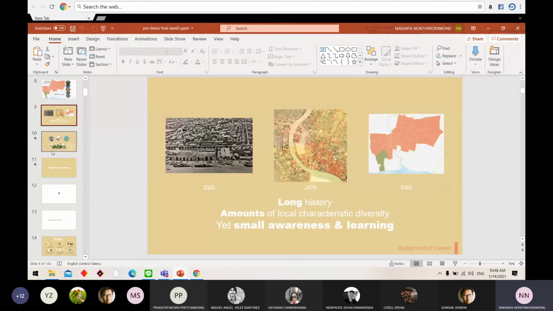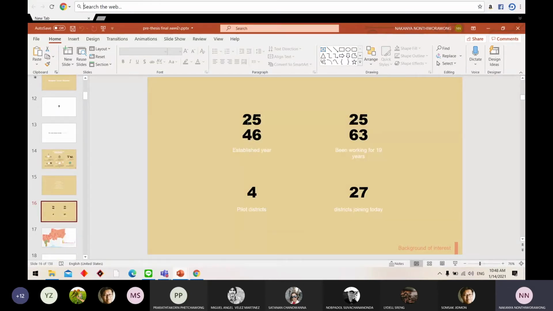So there is a local museum in every district, which was set up around 2003, and until today there are already 27 districts that have set up a local museum.